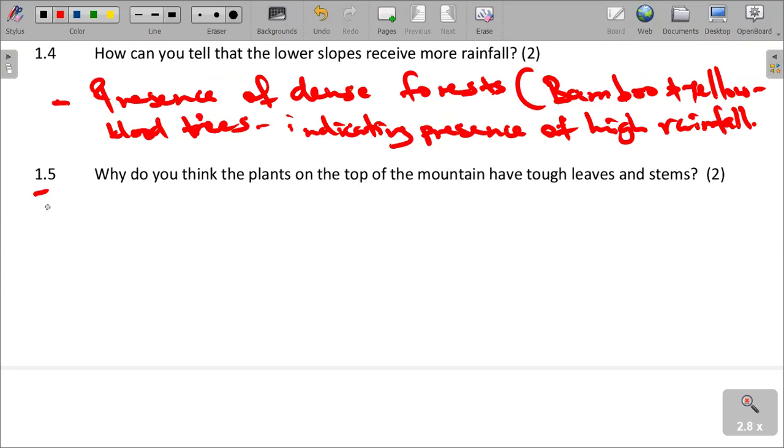The concept here has to do with the survival of the trees. It can be because they want to withstand cold temperatures and strong winds.